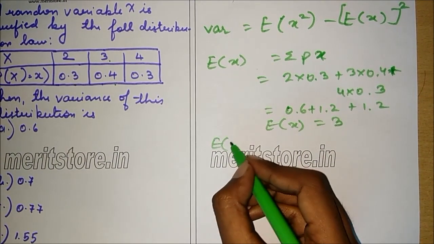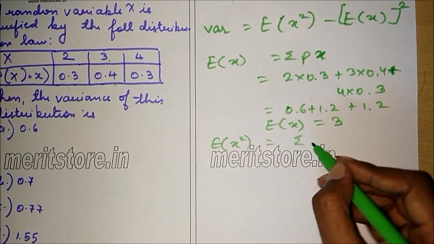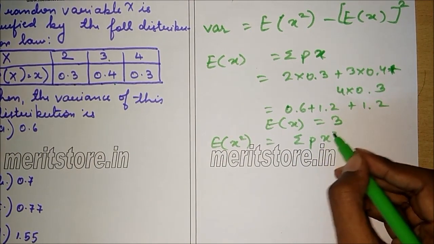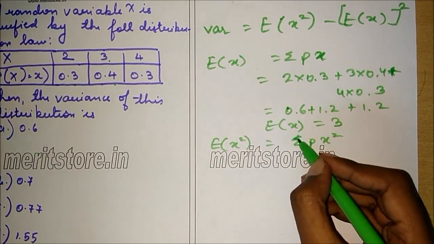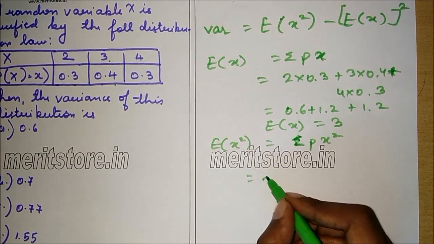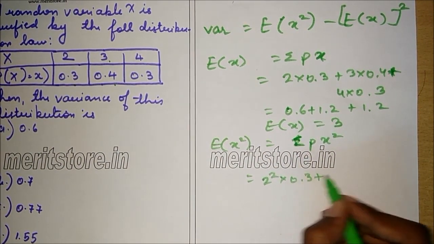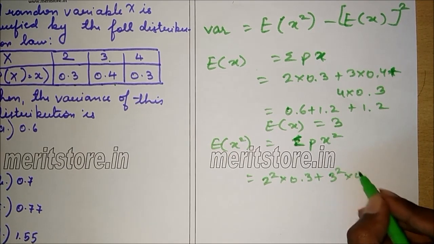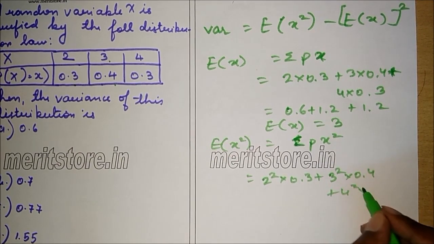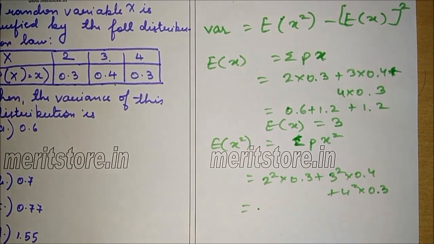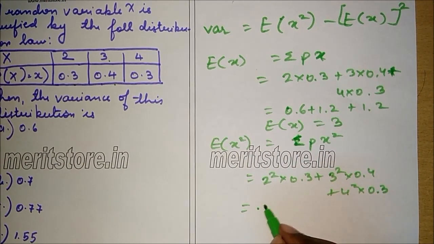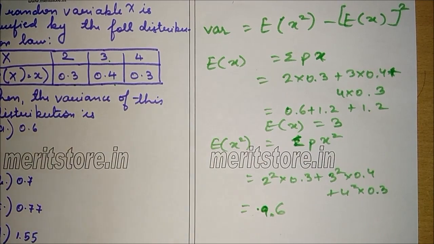Now E of x square is the summation of p into x square, the product of x square and p. So this will be 2 square into 0.3 plus 3 square into 0.4 plus 4 square into 0.3. So the sum will be 9.6.